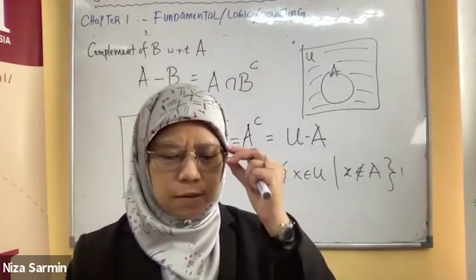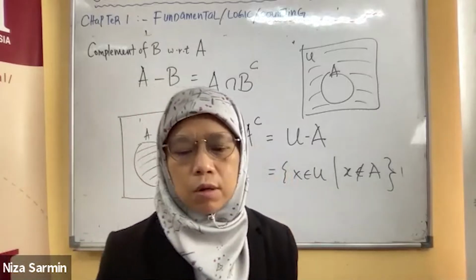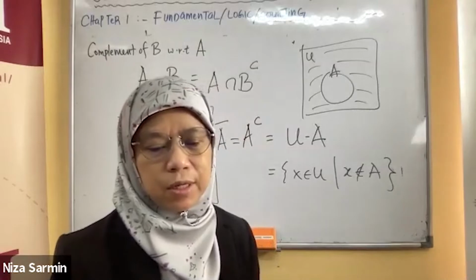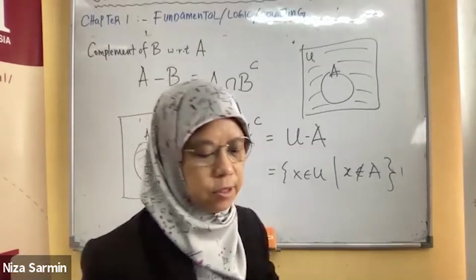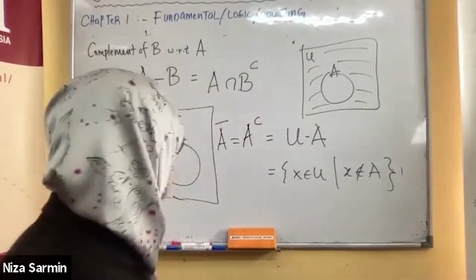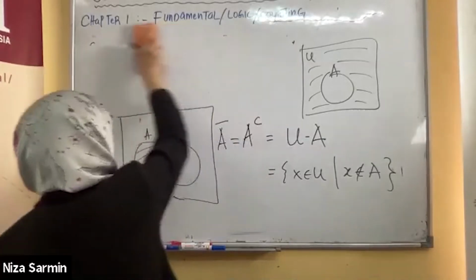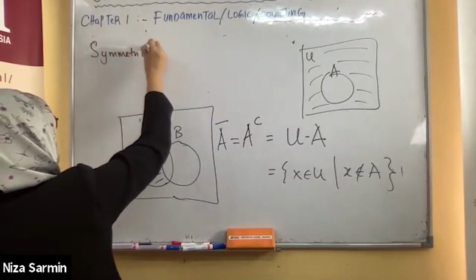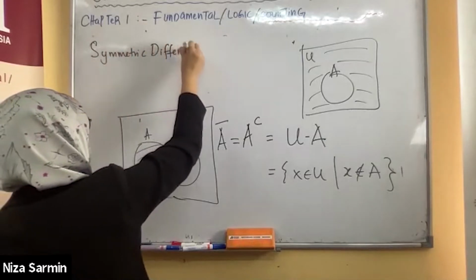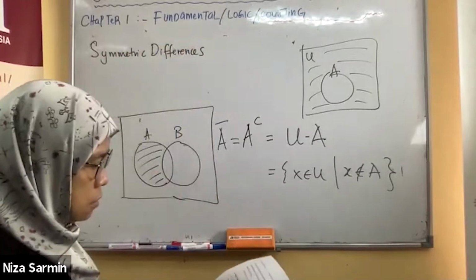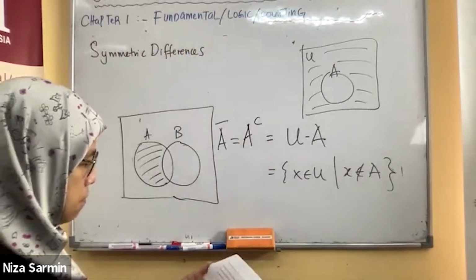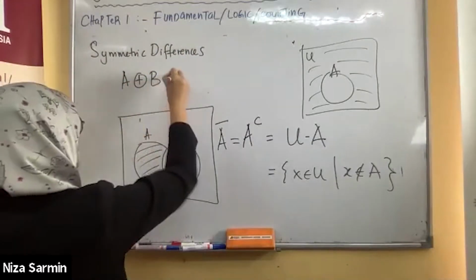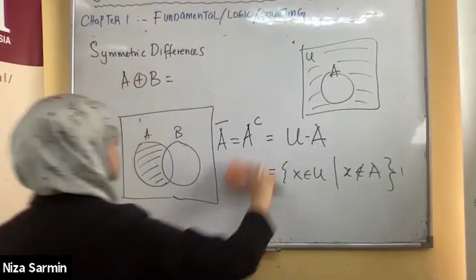There's also another notation called symmetric difference, which is not really common. Symmetric difference. Okay, there is a plus, but with a circle.